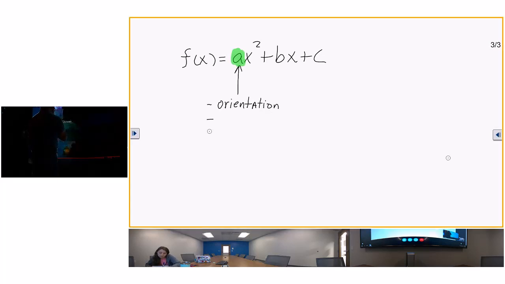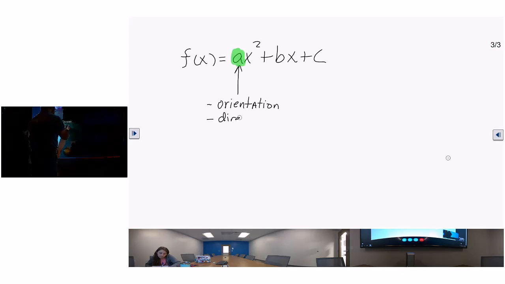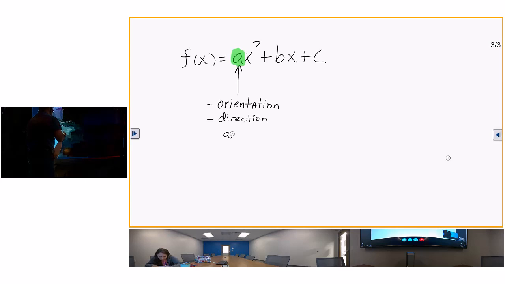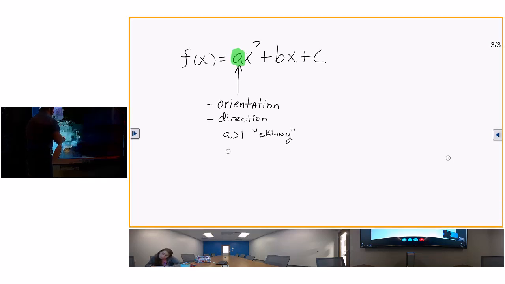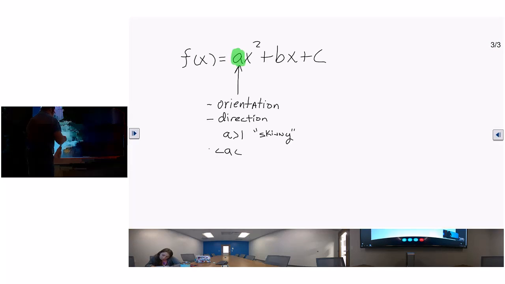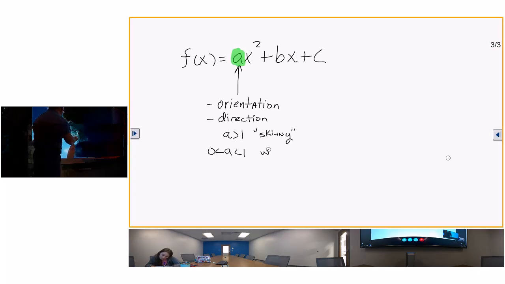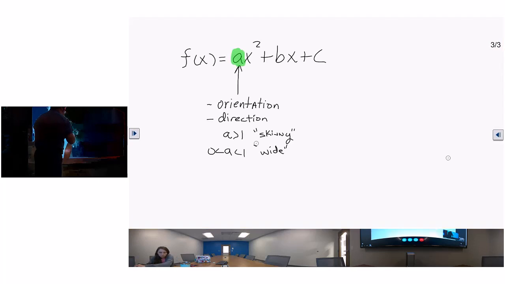Orientation and direction. If A is greater than 1, then you have a what? A skinny representation compared to the basic. If A is between 0 and 1, you have a wider representation of the basic.